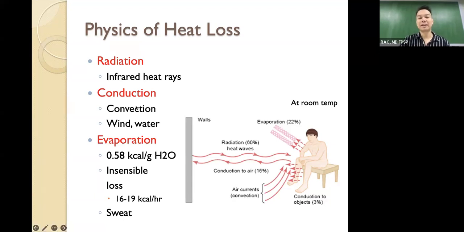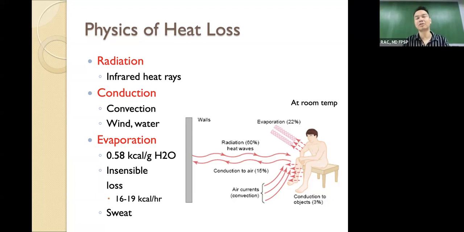Now, there's a special kind of conduction called convection. So when we talk of convection, this is particularly true for water and air molecules. So for example, our bodies are surrounded by a layer of air molecules. So through contact, our skin will transfer this heat to the air molecules that surround our body.